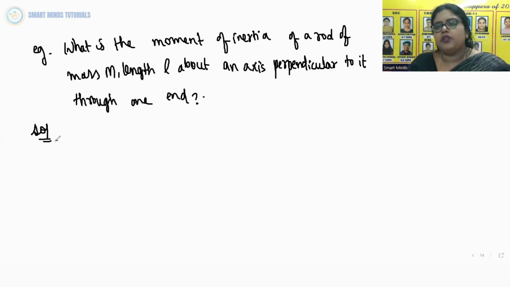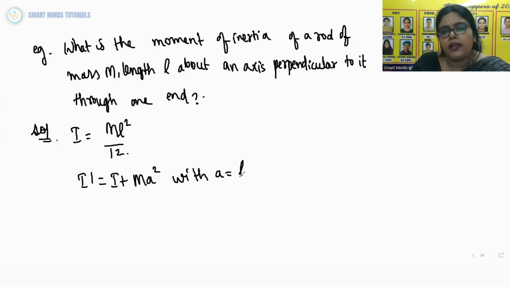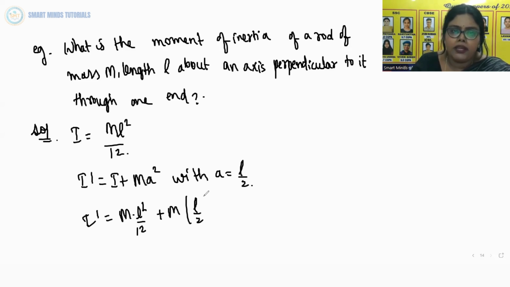For the rod of mass M and length L, I is equal to ML square by 12. Using the parallel axis theorem, we get I dash is equal to I plus Ma square with a equal to L by 2. So I dash is equal to ML square by 12 plus M into L by 2 whole square. If you solve this, you will get ML square by 3.